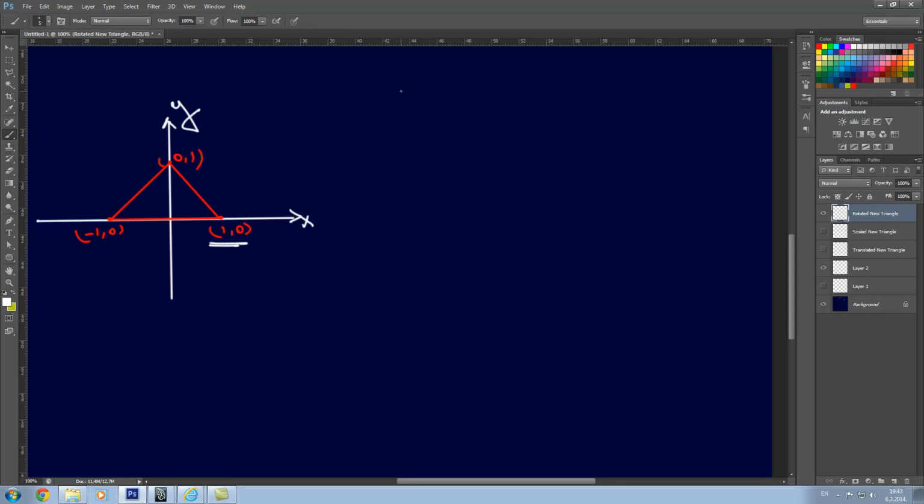So the actual formula of rotation, as far as I remember: x prime, which is the new x coordinate, equals x times cosine theta minus y times sine theta.